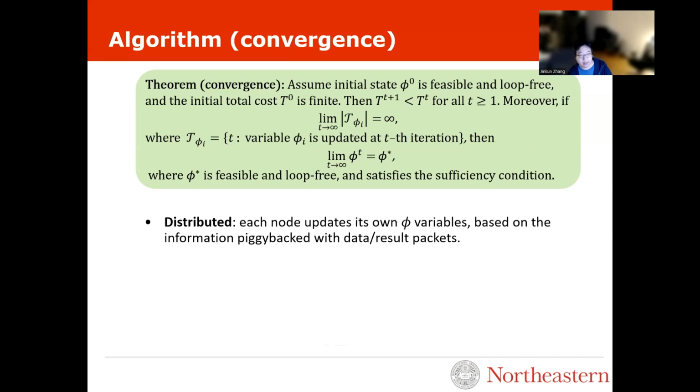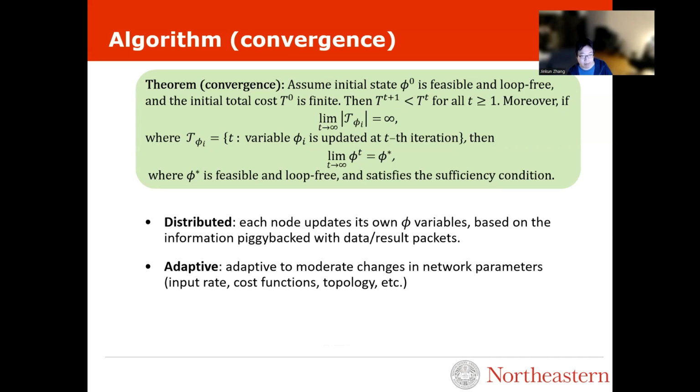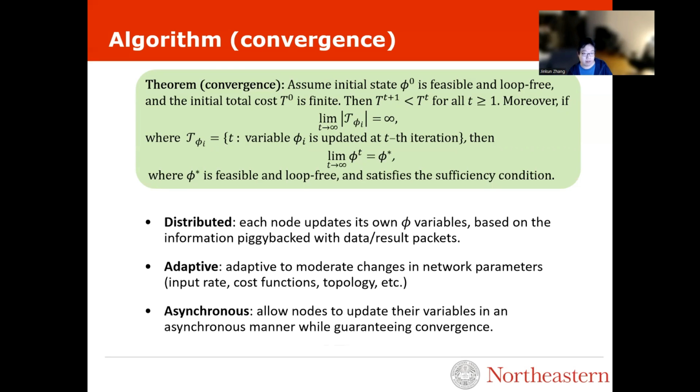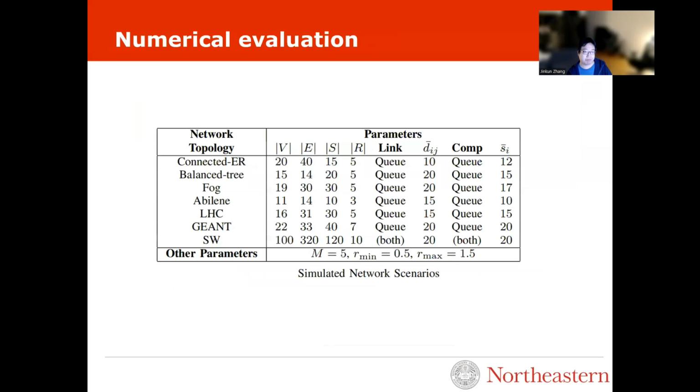First, as we said, this algorithm is distributed, and the information that a node needs to update its variable could be measured and piggybacked with the data and result packets themselves. Second, the algorithm is adaptive to changes in input rates, cost functions, and network topology. And third, the algorithm allows nodes to update their variables in an asynchronous manner.